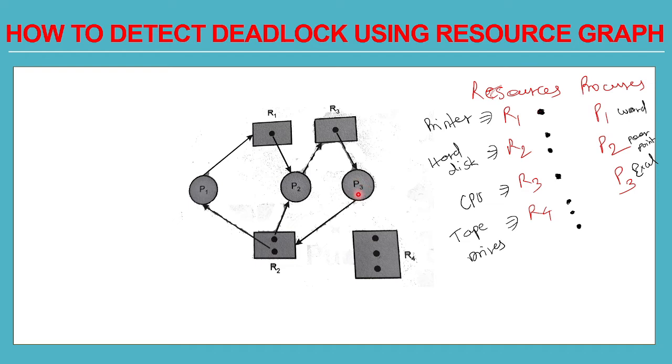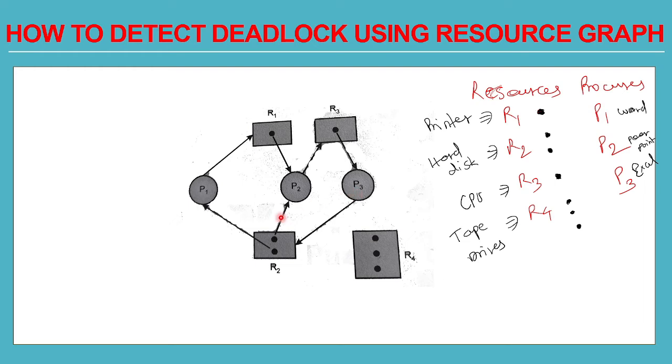Similarly, P3 wants R2, the hard disk, and that hard disk is taken by P1, and another hard disk is taken by P2. So P3 won't be able to take a hard disk in any case, because one is taken by P1 and the other by P2. There are no hard disks left for P3 to take.